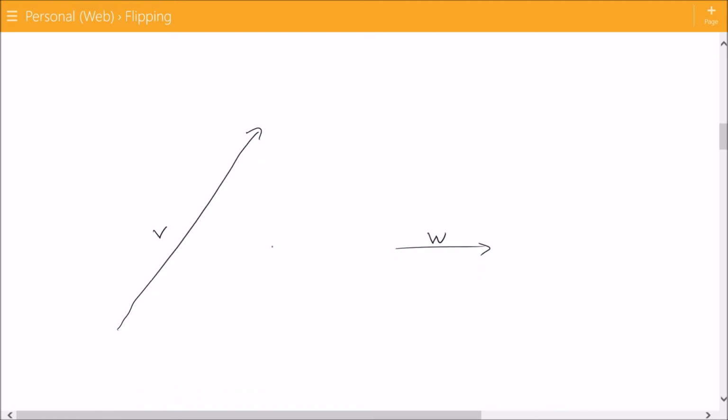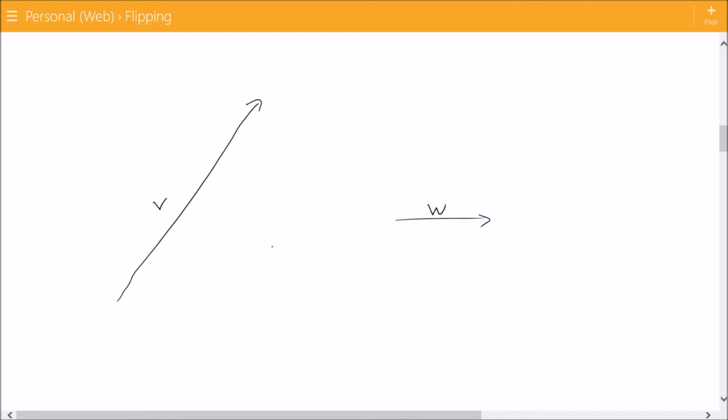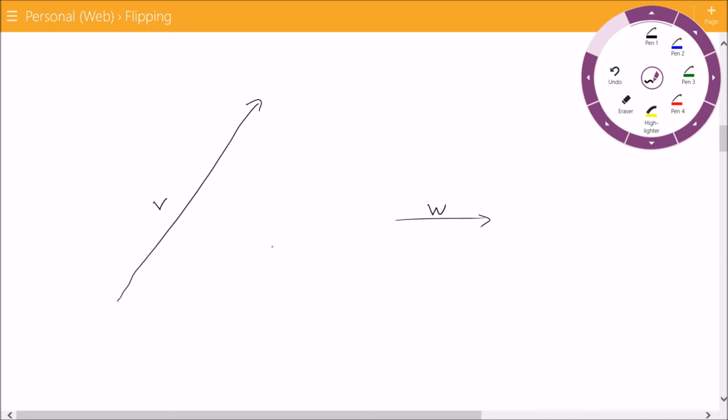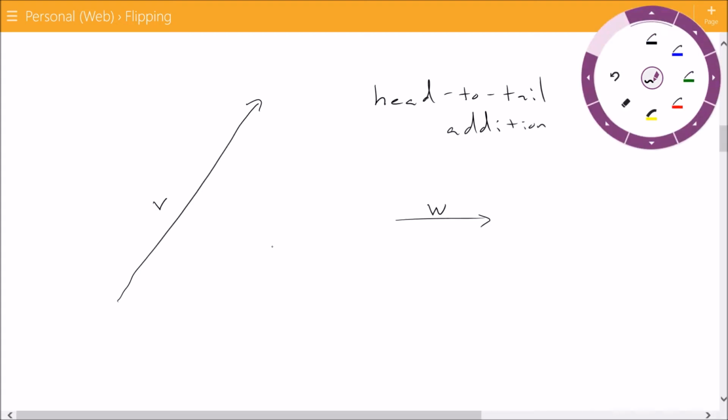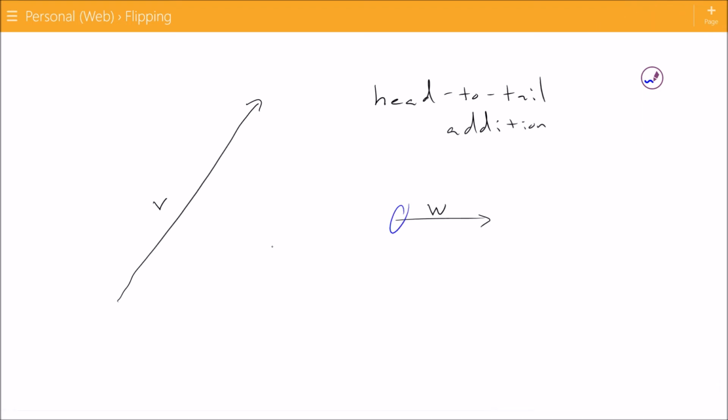So let's say I've got two vectors here, and I want to combine them. I want to do vector v to something, and then I want to do vector w. So I can take v and take w and do what's called head to tail addition. So I can take the tail right here from w and connect that to v in order to get v plus w.